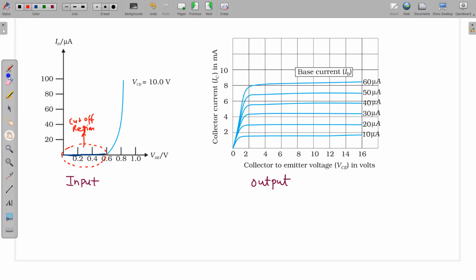There is no current flowing in this region. So let us also write: cutoff region, when the transistor is operating in the cutoff region, the base emitter junction is not properly forward biased.